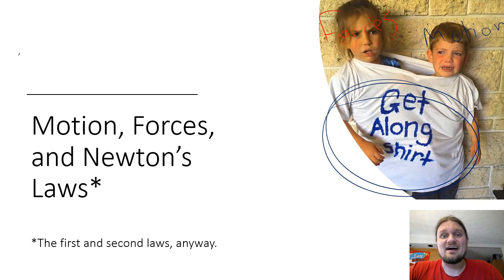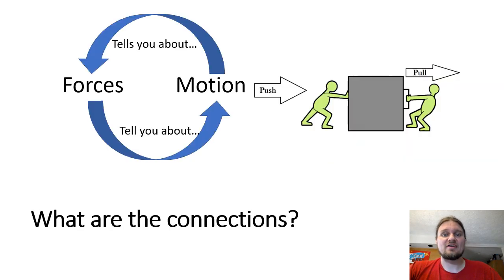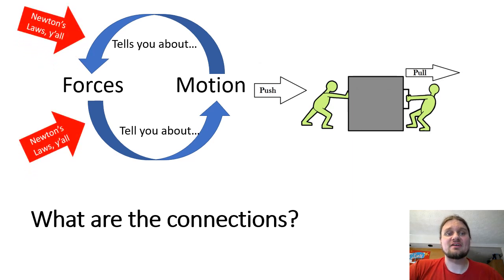And so Newton's laws tie forces and motion together, whether they like it or not, and tell us how they get along and how they connect. So we can use forces to tell us what's happening with the motion, and we can use motion to tell us what's happening with the forces. And oh hey, by the way, y'all, that is what Newton's laws are.